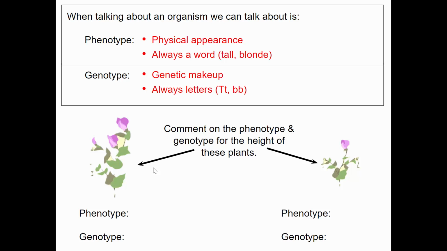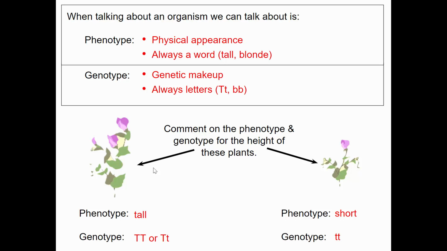Got to tell me more. Big T, big T, or either one would result in a tall plant. How about this one? Because that's the only combination that gives a short pea plant.